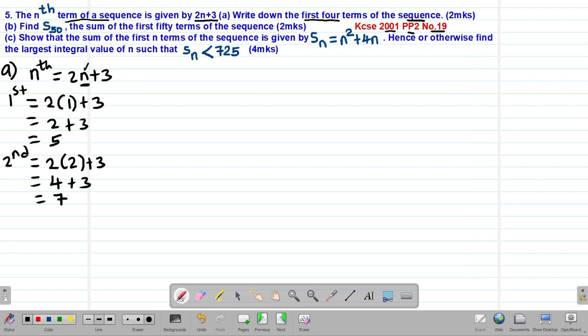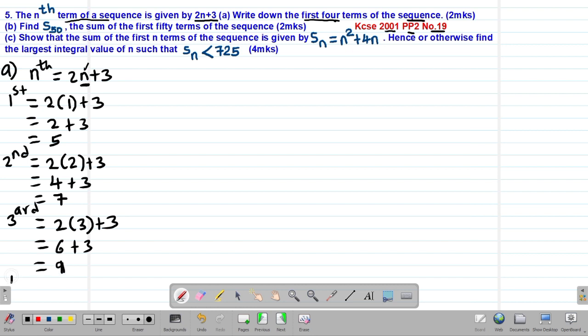Remember, we are required to state the first four terms. Therefore, the third term will be 2 into n, where n will be 3, then plus 3. 2 by 3, we are going to get 6, then plus 3, which is going to give us a positive 9.